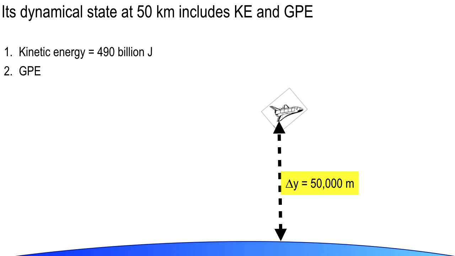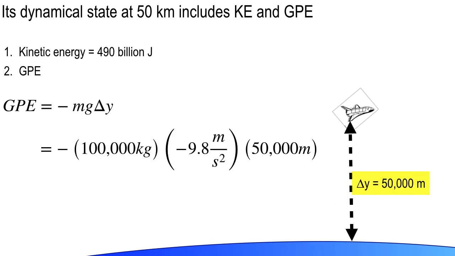Now let's do the GPE. We already know how to do this: minus mg delta y. So here's the minus sign leading, then the mass, 100,000 kilograms, and then negative 9.8 meters per second squared, and then the height, 50,000 meters.